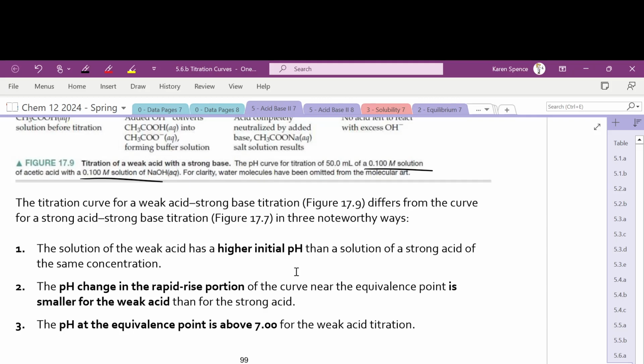Is that correct? The pH will be at 7, yes. Now what happens to volume? It would be the same.